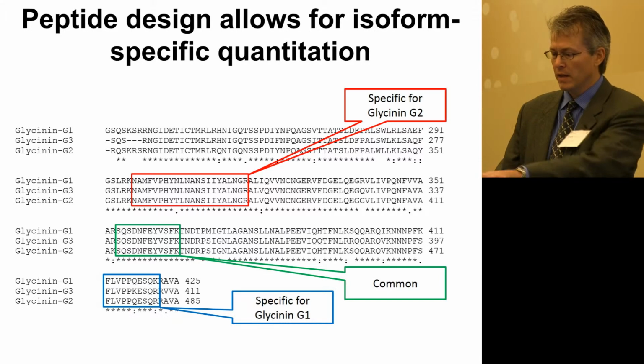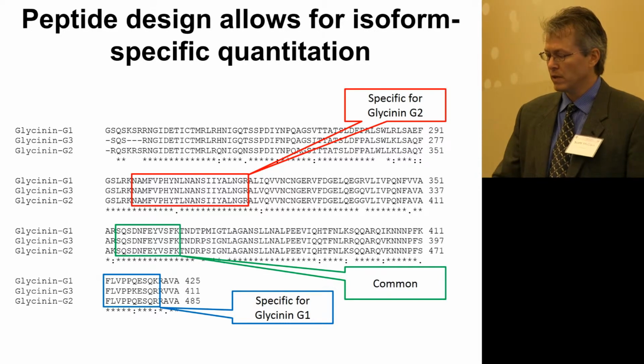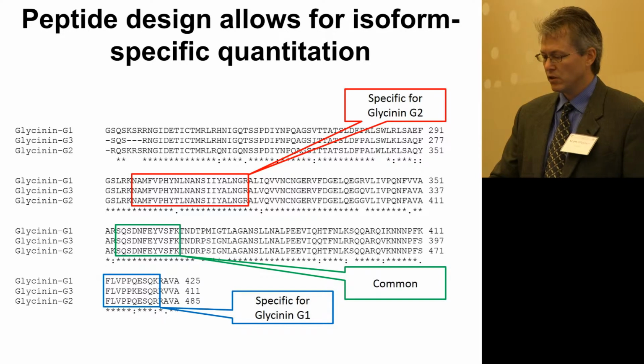So in this case, they've got the glycinin subunits shown. Here the box is to show a part of that sequence that's specific only for the G2. And then they were able to find a portion that was specific for G1.